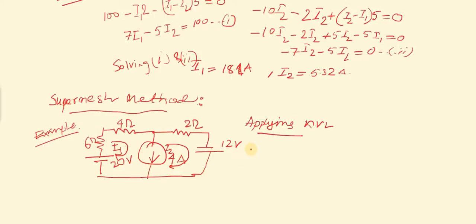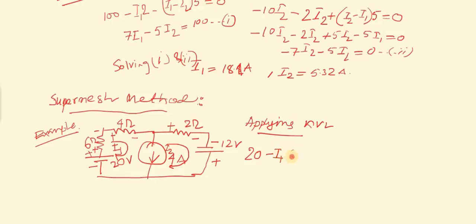See, the KVL equation is 20 minus, put some polarity here, positive, negative, and this is positive, negative, positive. Now 20, and this 6 into I1 is the voltage.